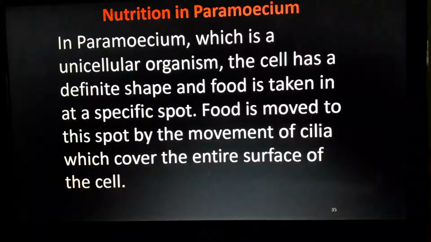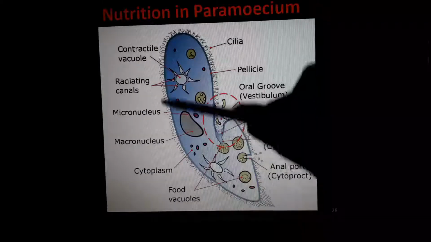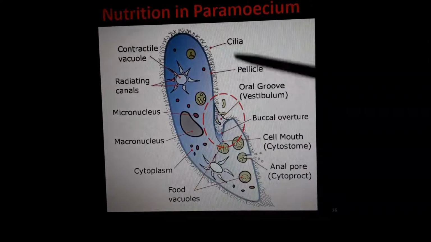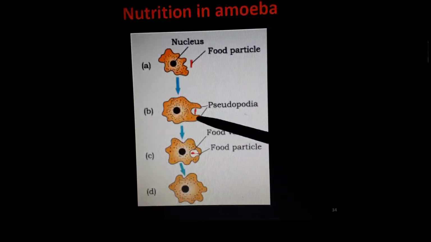Another unicellular organism is paramecium. In paramecium, something called cilia is there. Cilia. Pseudopodia is not in paramecium. Do you see this photo? This hair-like thing is called what? Cilia. In the case of amoeba, these are temporary fingers.